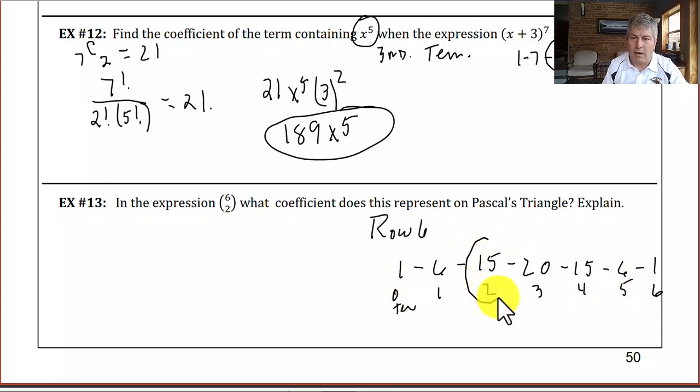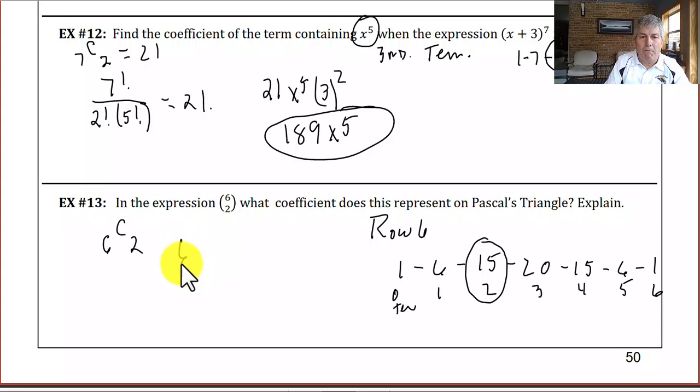So we would say it is 15, or the second element of the 6th row, if starting at 0. It is also written as combination of 6 choose 2, which is 6 factorial over 2 factorial times 6 minus 2, which is 4 factorial, and that simplifies to 15.